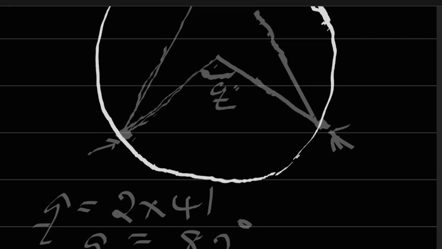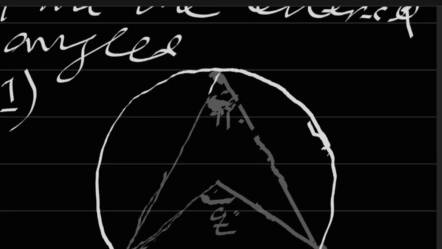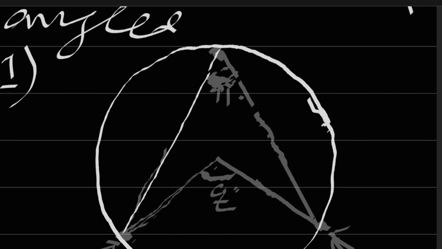We're drawing a circle now. So we have 41 here, and then here we have Q.